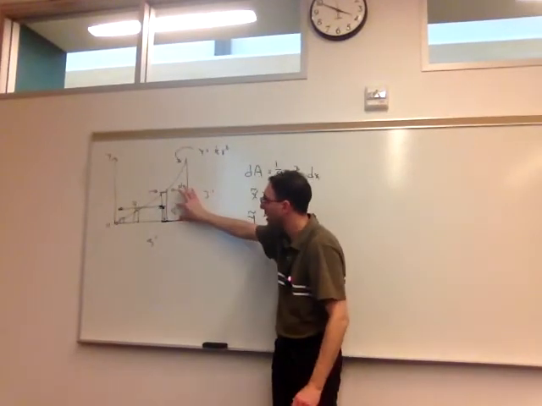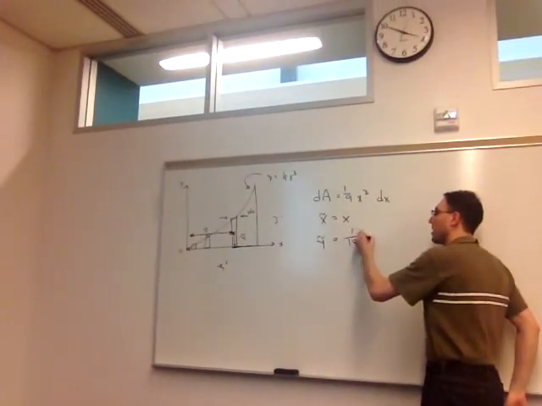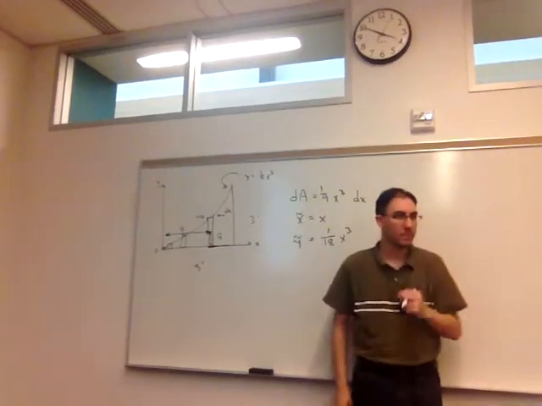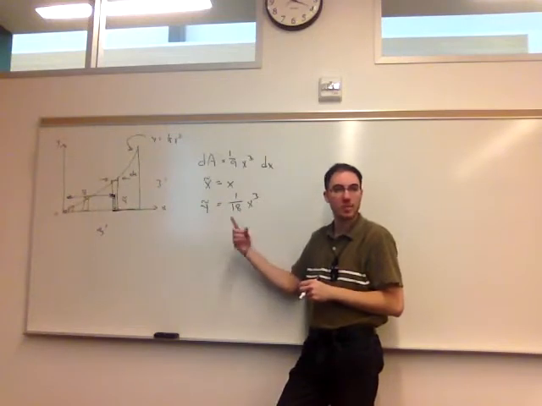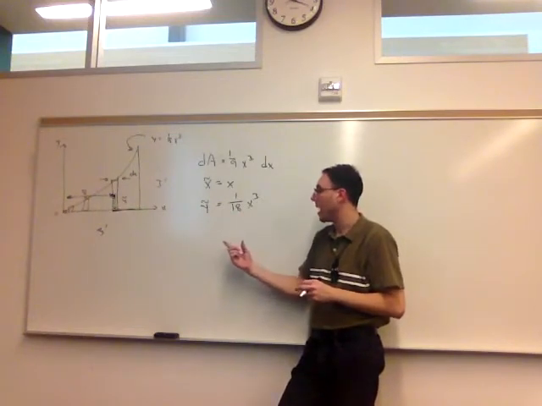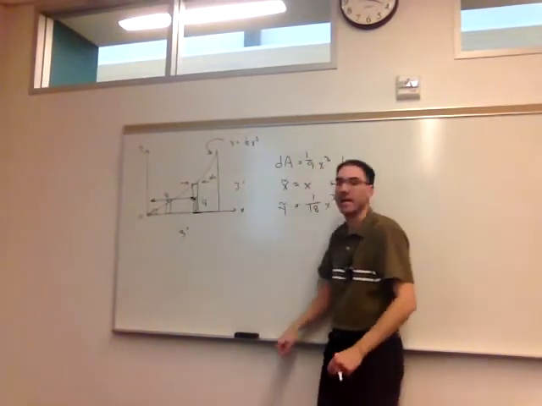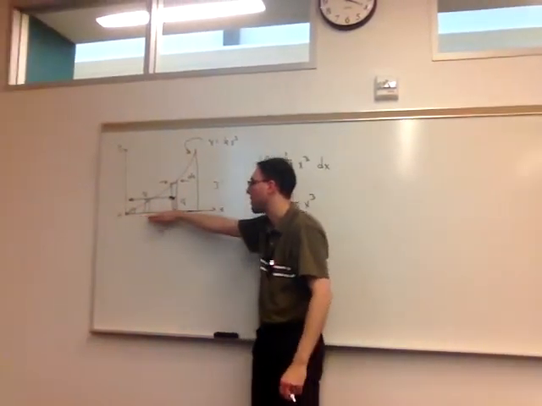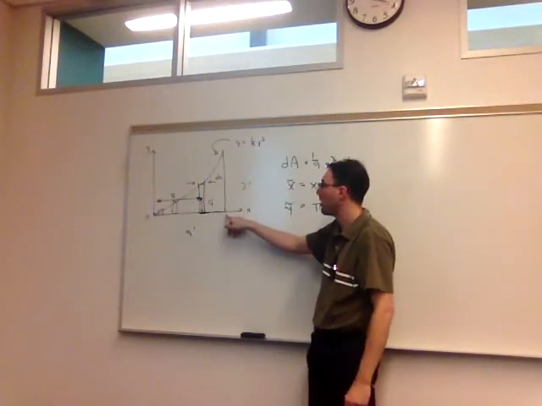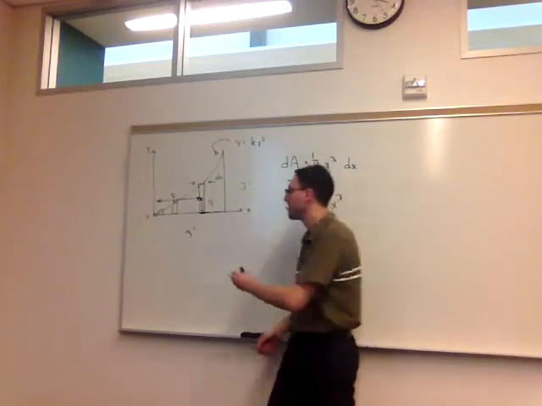So half of that height, this measure, is always going to be then 1/18 x cubed. It gets a little bit more complicated, as we'll see in the next example, because we're always measuring from the x-axis to get to the y tilde value. In this case, all of the rectangles have the same base at y equals 0, and then their height is different. It's y equals 1/9 x cubed.